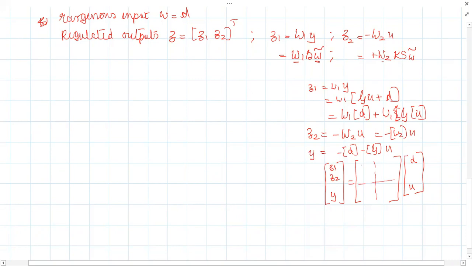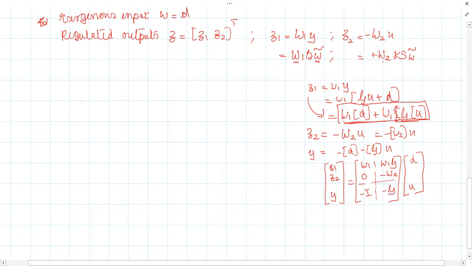Z1 in terms of w, you will get W1, then next one will be W1 G, from this equation. This is Z1. What is Z2? 0 and minus W2. What will be y corresponding to the y term? Minus 1 and minus G. If it's a MIMO system, it will be minus I and minus G.